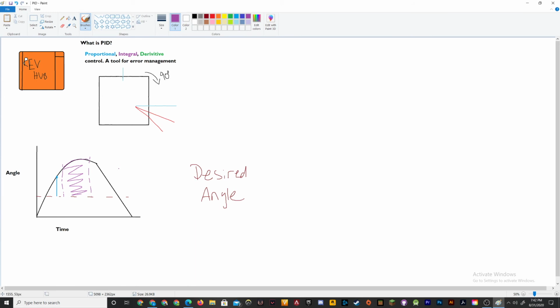The derivative control, finally, is looking at the slope of your line and finding the tangent line to it. I'll just show it first. Let's say we're looking at this point. The tangent line of this point is like this.